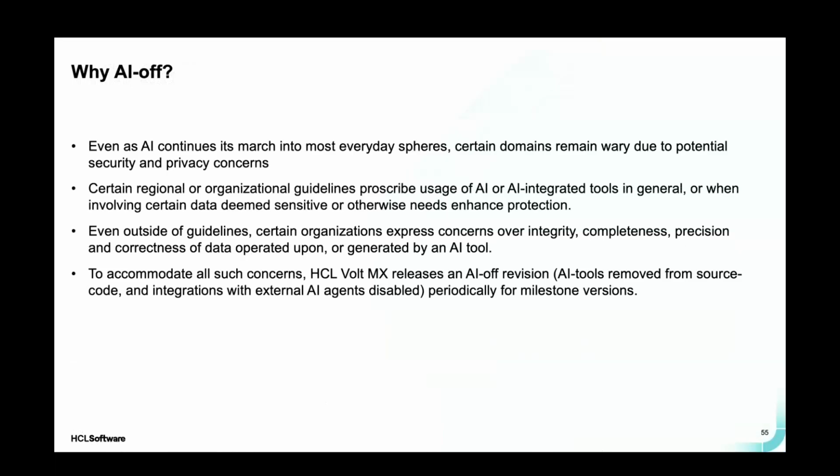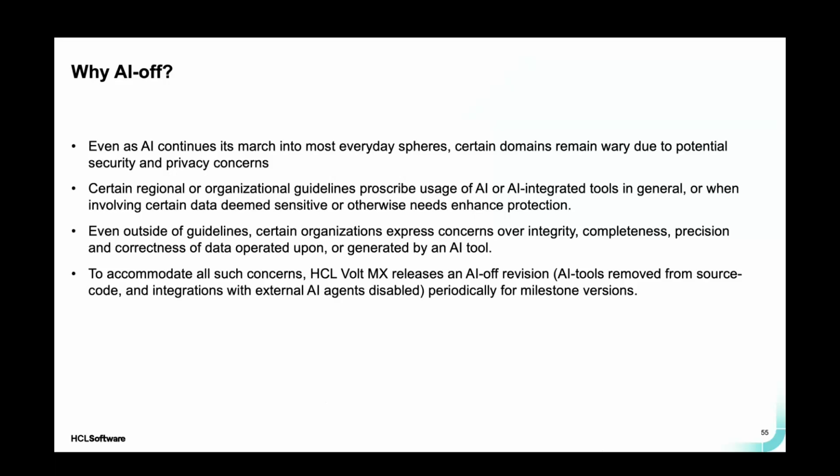Even if they do not have concerns, there might be regional or organizational guidelines which say that, oh, you cannot use AI tools, especially when it relates to this type of customer data. This additional set of guidelines needs to be followed. You cannot use AI here. There might be regulations, right?